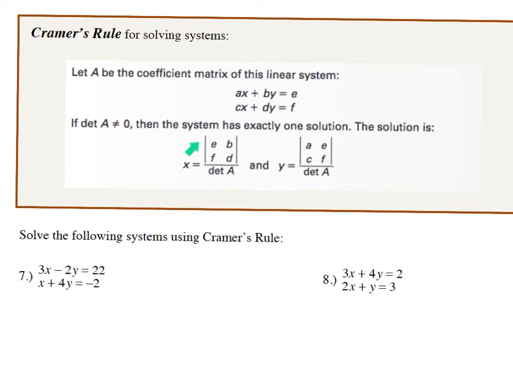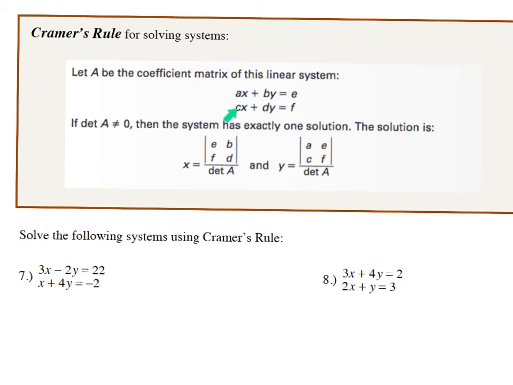So here in each of them we have the determinant of the coefficient matrix, which is A. Let A be the coefficient matrix. And then in the numerator we're finding determinants. You'll notice when we're finding x, the E and the F are what we had over here on the other side of the equation. They will substitute in place of the coefficients of x.